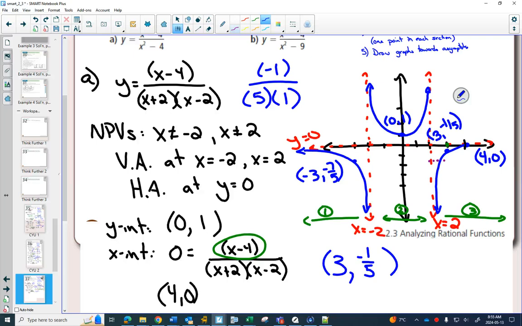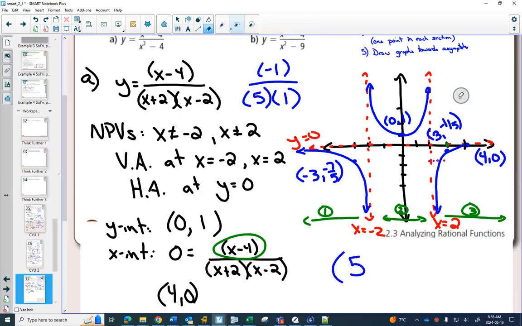But your graph sometimes goes through horizontal asymptotes. So we have another issue here, because this is the only x-intercept. What happens here? Does it go up and come back down? Does it bounce and then go back up? We don't know. So we're going to have to find another nice point.